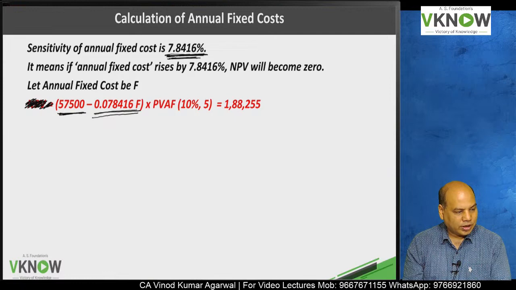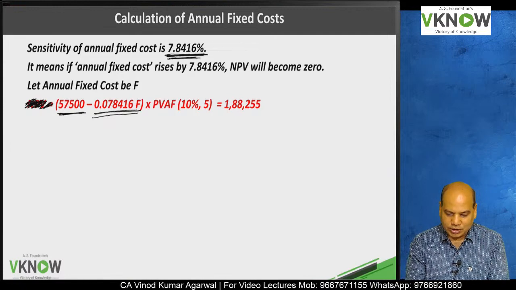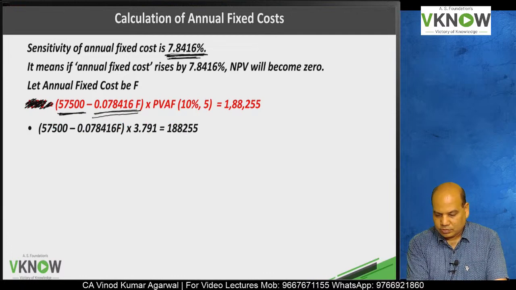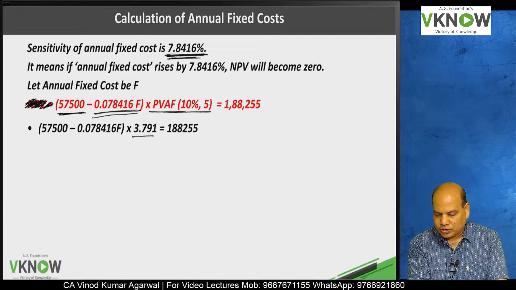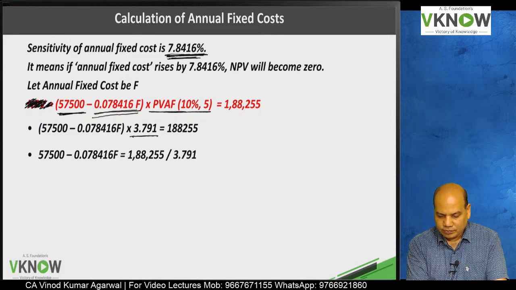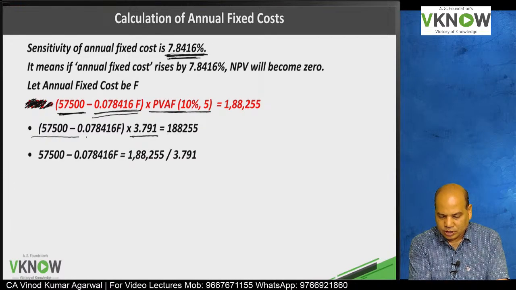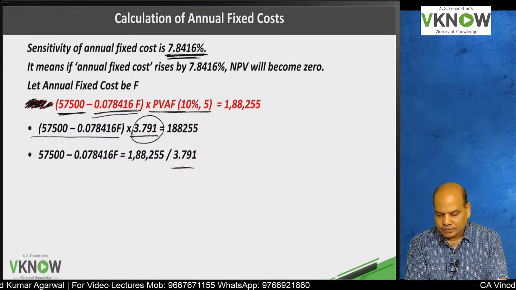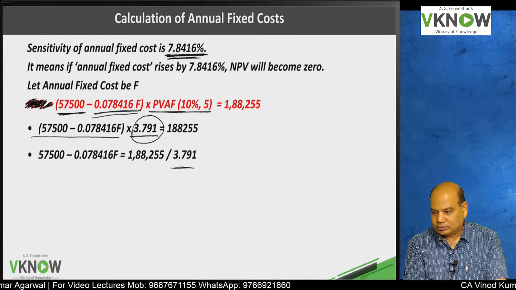Karnam Hari is also right. And now we'll solve the equation. This is 3.791. Just put the value there, then this number on the left side, this number on the right side. Write down.